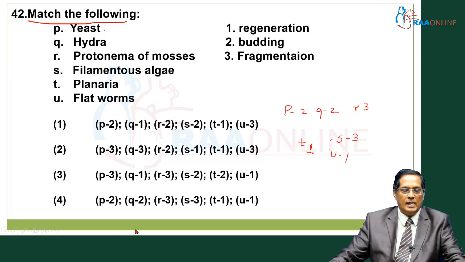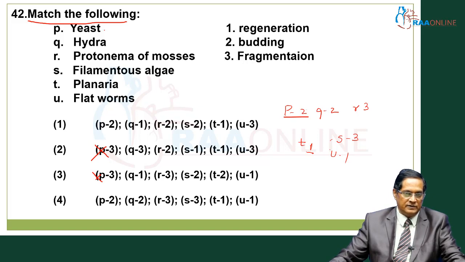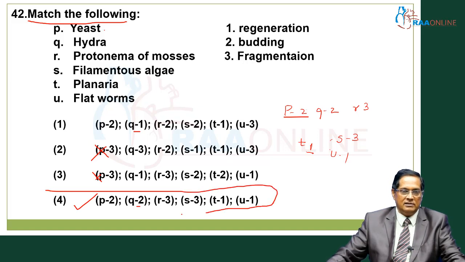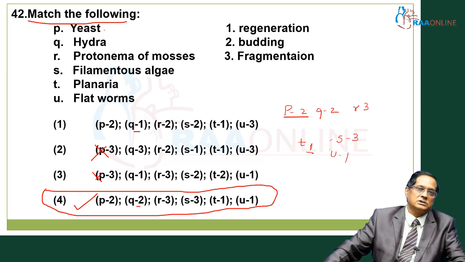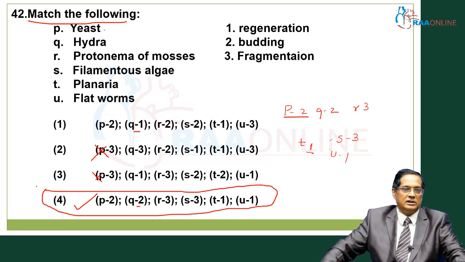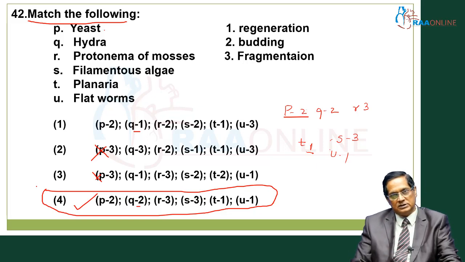Then see the correct pair. P2, there are two options, so these two are already rejected by the rejection method. Then see Q. Here Q1, but here Q2, so this is right. Then R3, R3. S3, S3. T1, yes, right. And U1. So the most appropriate match is this. Again, this is a second category question, that is, it takes time and needs attention. You can't attempt such questions carelessly.